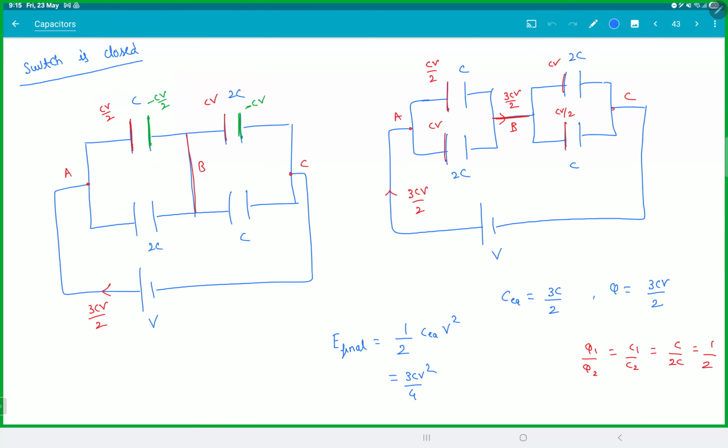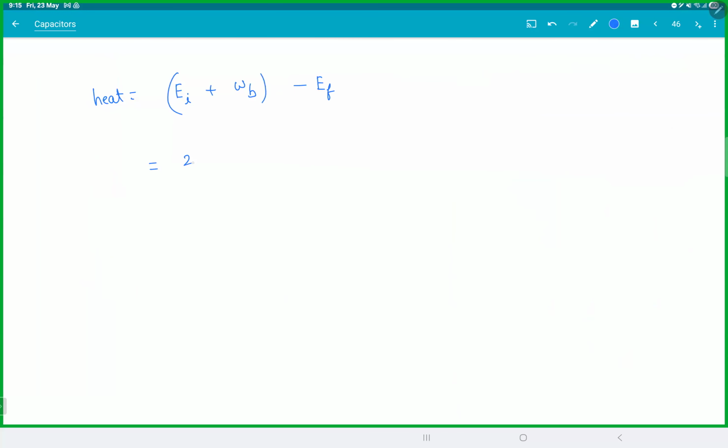The initial energy was this, 2CV²/3. Work done by the battery was CV²/6. Final is minus 3CV²/4. How much is this? 5/6 minus 3/4, 20 minus 18, 2 by CV²/12.